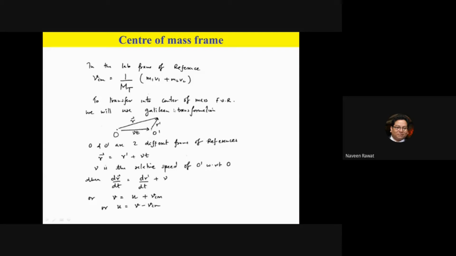If you look at the equation for the Galilean transformation, suppose you are in frame of reference O, and you want to go to the frame of reference O prime. You're trying to look at a particle that is moving. You're seeing the object moving when you're at O and when you're at O prime.